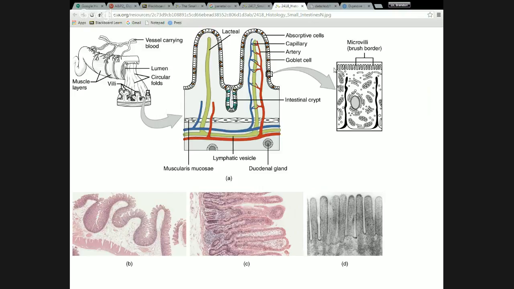And the brush border enzymes are positioned right around there to help break down the nutrient molecules to their final form before they get absorbed. The micrograph at the bottom here is an electron micrograph showing us the apical membrane of one of these cells with microvilli highlighted in the picture.